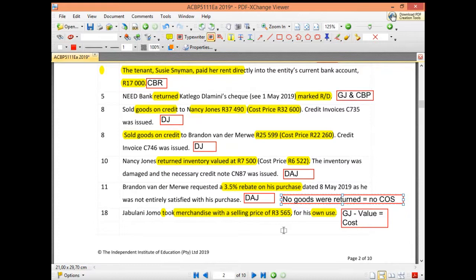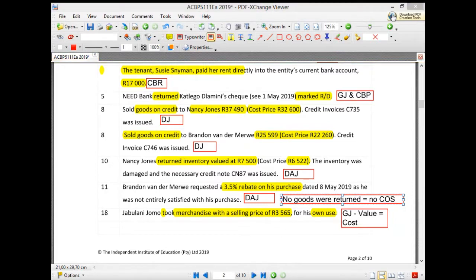Now, in the beginning, we also said we're doing a perpetual inventory system, and this is where it becomes important to know which one it is, because you will either take it to the inventory, the asset account, or the expense account, which is your purchases. Now, because we're doing perpetual, we're taking it to the asset account, the inventory account.